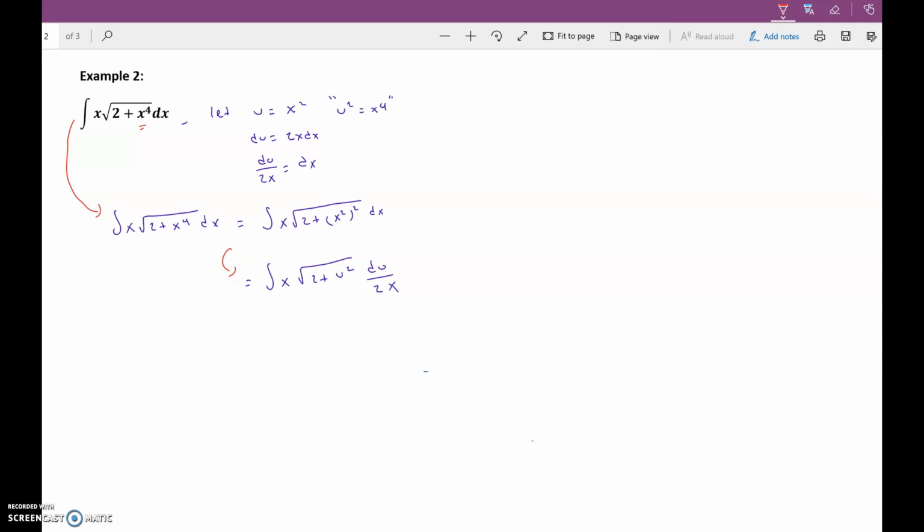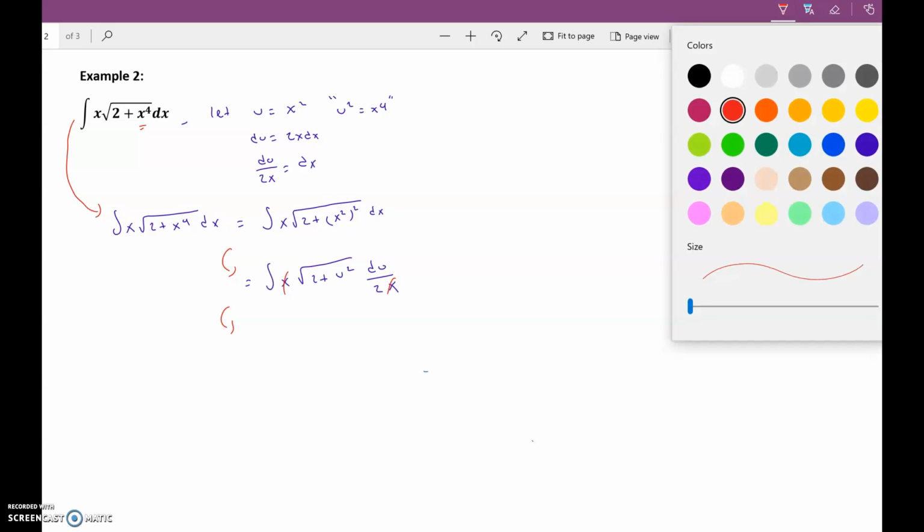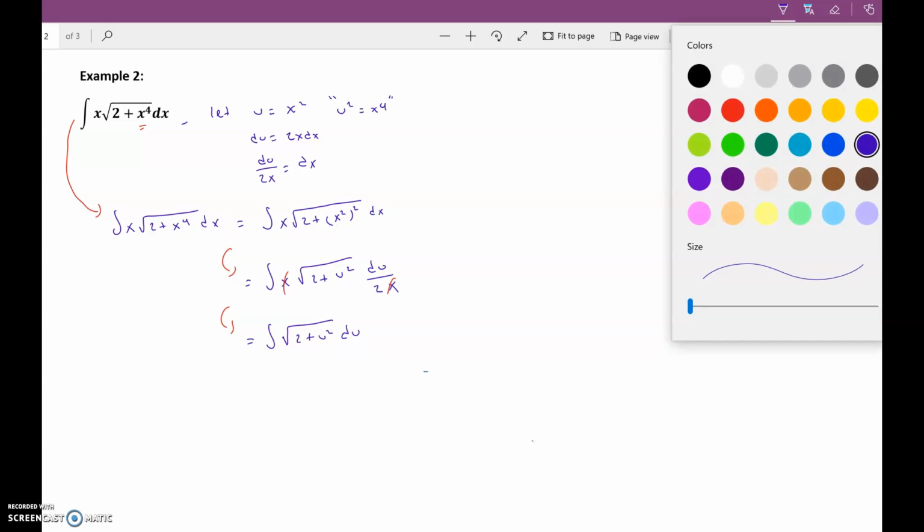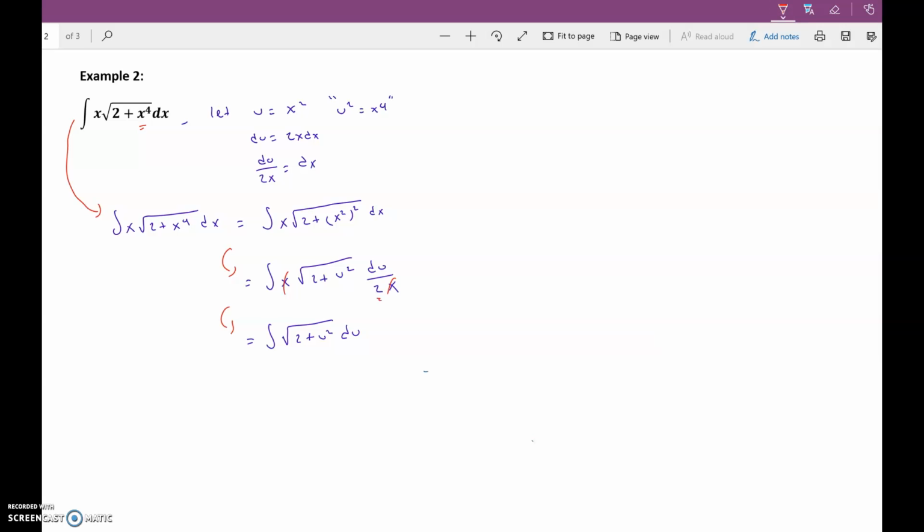So we can actually cancel the x's, and let me rewrite the actual integral of the square root of 2 plus u squared du, and then we do have the 1/2 on the outside.